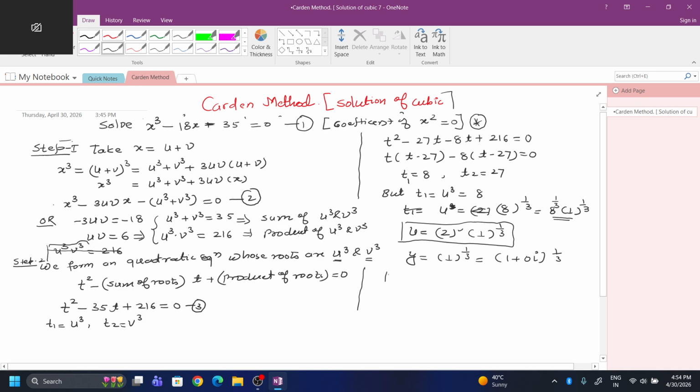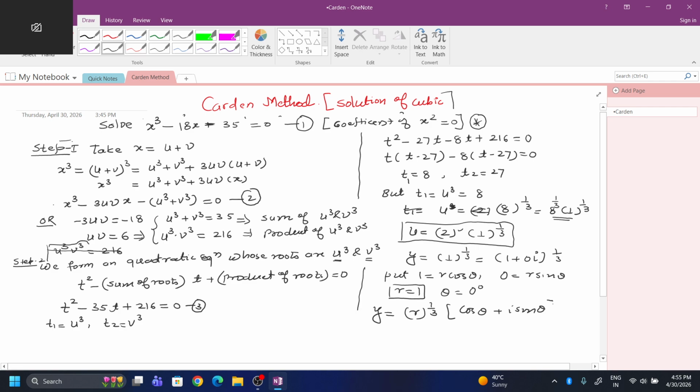Now for this, we put 1 equal to r cos theta and 0 equal to r sin theta. So r becomes 1 and theta becomes 0 degrees, because cos 0 is 1. So y can be written as r to the power 1 by 3 times (cos theta plus i sin theta) to the power 1 by 3.